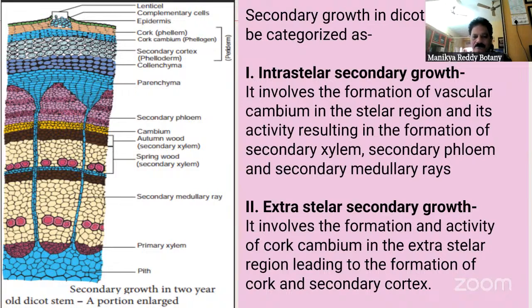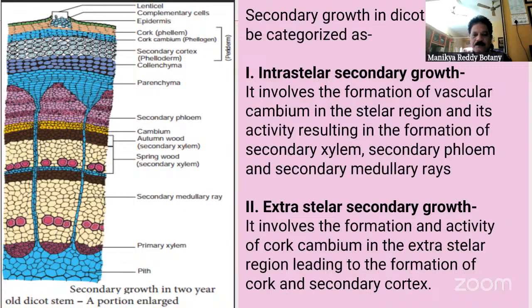Cork cambium is a secondary meristem which is formed from the outer cortex. Since the epidermis is ruptured, the outer cortical cells are exposed.